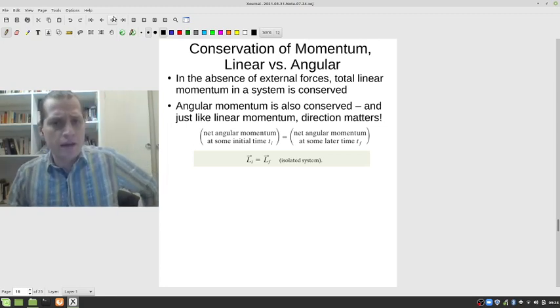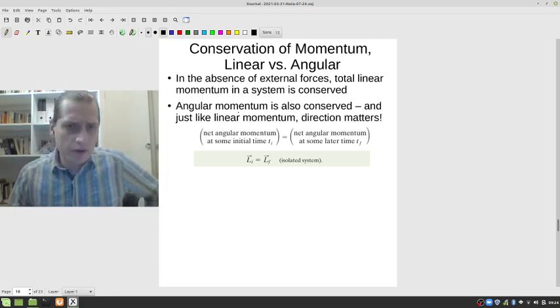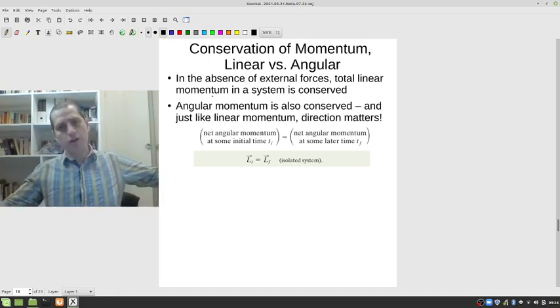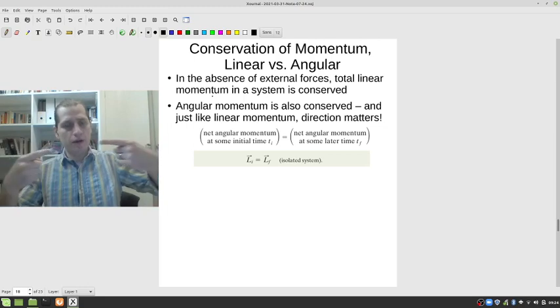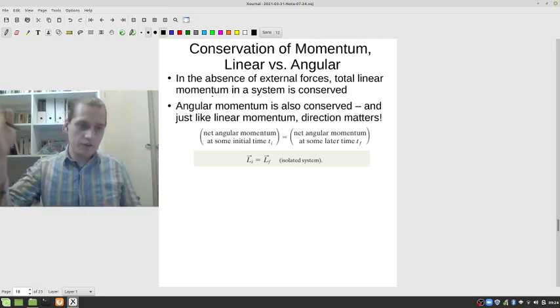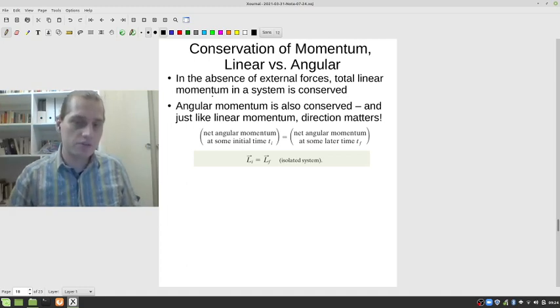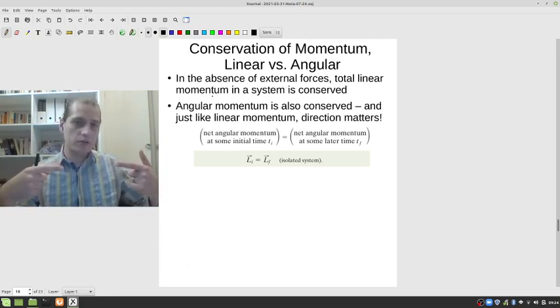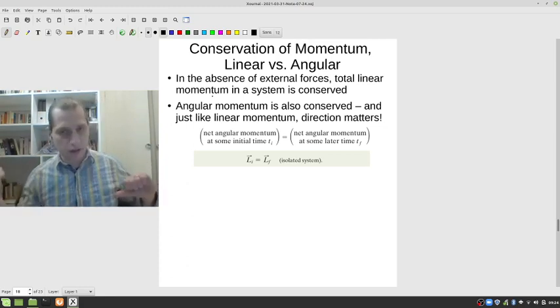Okay, so you'll remember that we did a whole bunch of problems where we had a couple of balls come in, they would bounce off each other or stick to each other or whatever, and then you'd have different balls with different velocities going out. And what we said was you add up the momentum of all the stuff going in, it equals the momentum of all the stuff going out.